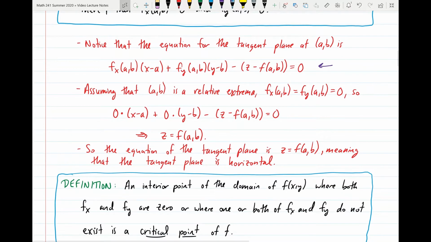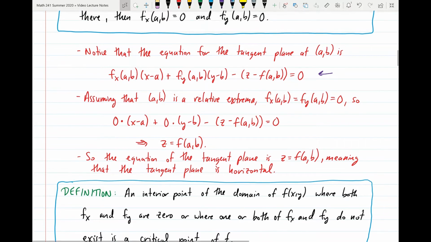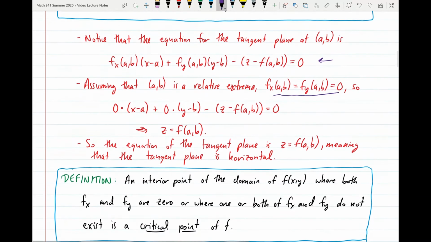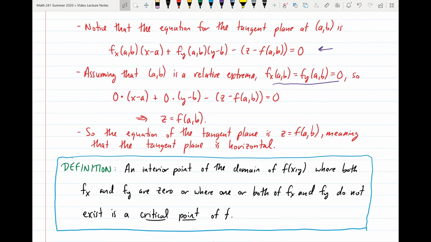So assuming that (a, b) is a relative extrema, then we know from the theorem above that the partial derivative with respect to x at (a, b) and the partial derivative with respect to y at (a, b) will both equal 0. And we can use this fact and plug back into the equation for our tangent plane. So now we have 0 times (x minus a) plus 0 times (y minus b) minus the quantity (z minus f of (a, b)) is equal to 0.